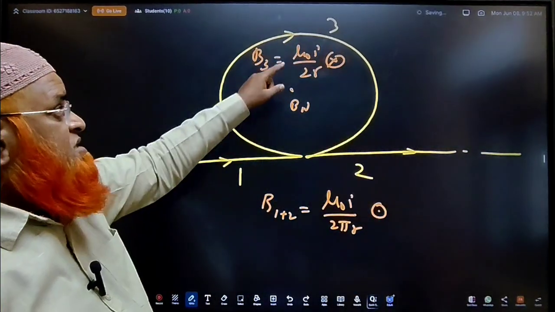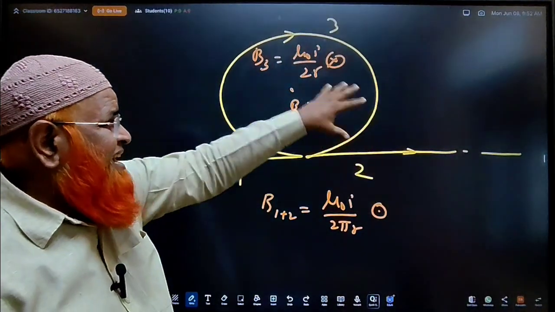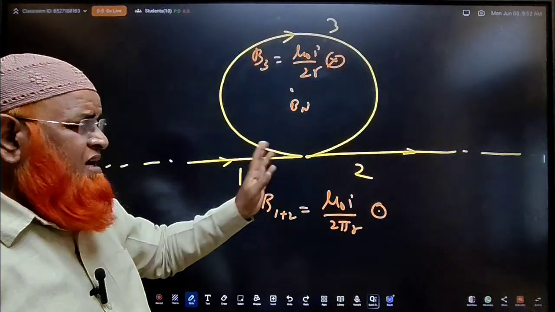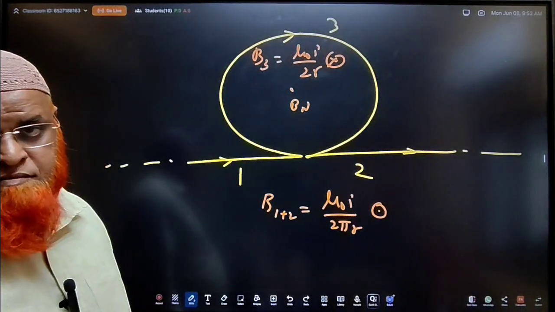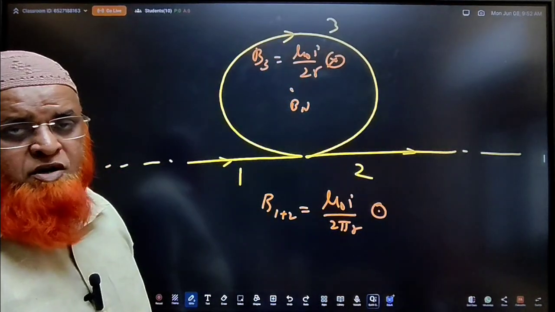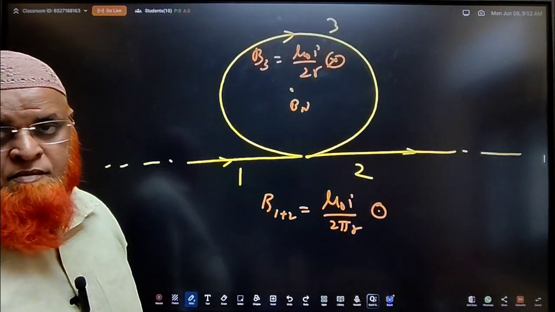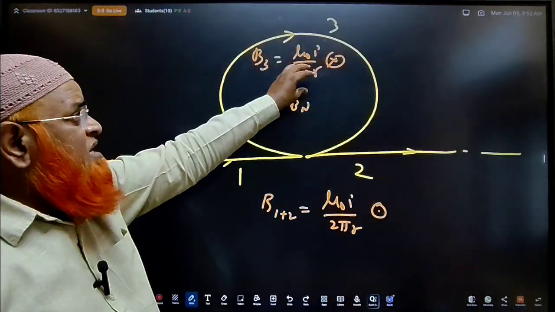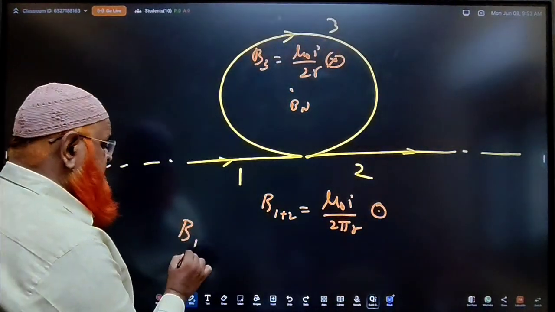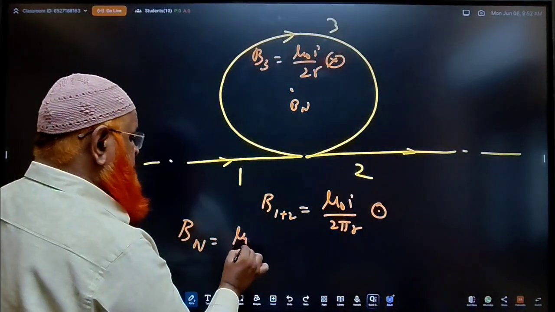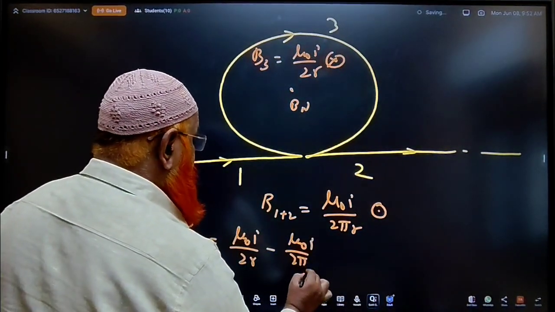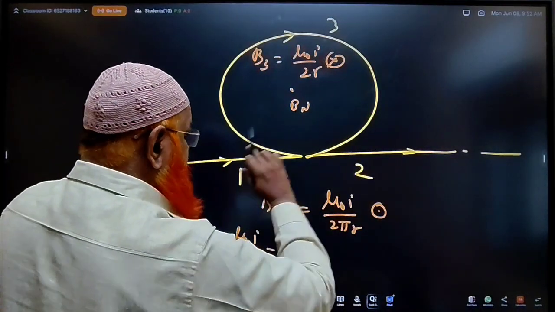Now tell me which is larger. For two wires it is larger, or for one wire it is larger. Look at the circle and the infinitely long wire. See, is mu naught I by 2 pi r larger or mu naught I by 2r larger? 2r is larger, because the denominator is less, so the fraction is larger. So what will you do now? B net is equal to, first write mu naught I by 2r minus mu naught I by 2 pi r, and this 2 pi r is for both wires, 1 and 2 combined together.